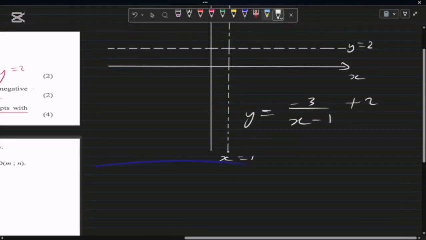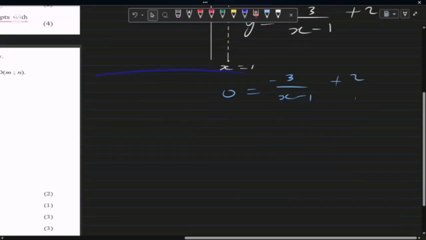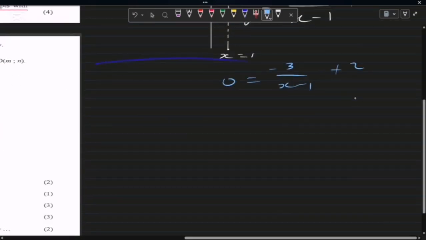Okay, so 0 is -3 over x minus 1, plus 2. So what we'll do is solve for x. So take the 2 to the other side, it becomes -2.